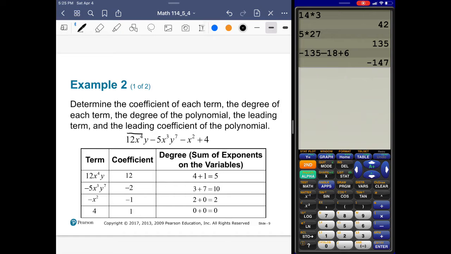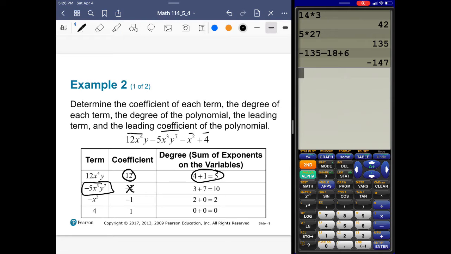So we have 1, 2, 3, 4 terms. The first term is 12x to the fourth y. Our coefficient on this is 12, and the full degree is 5. We have -5x cubed y seventh.